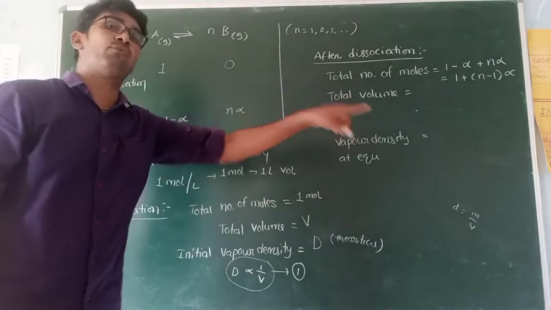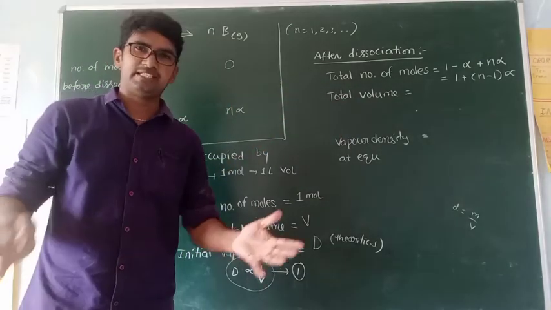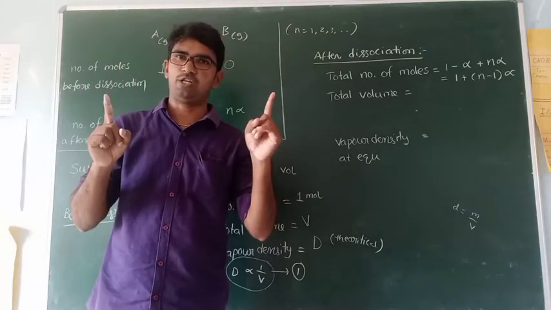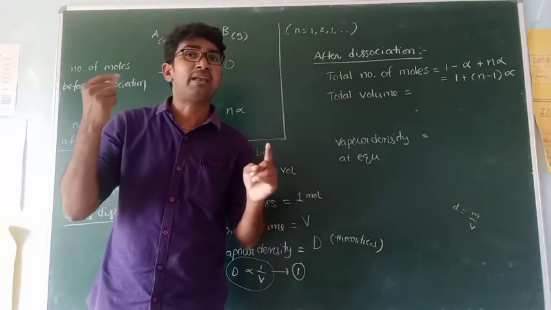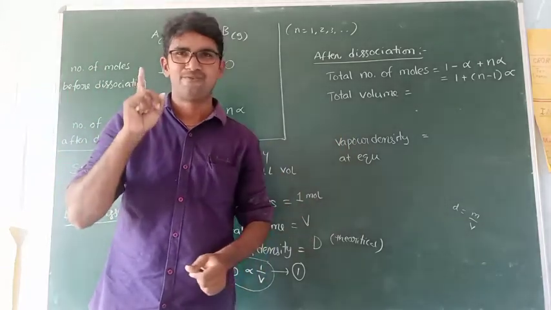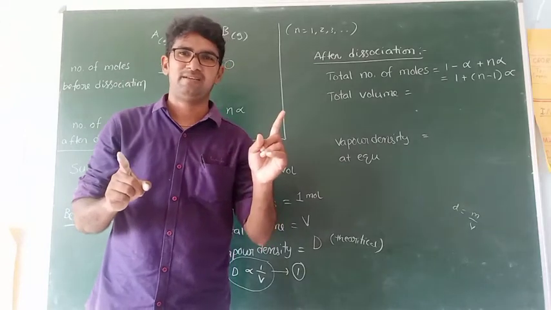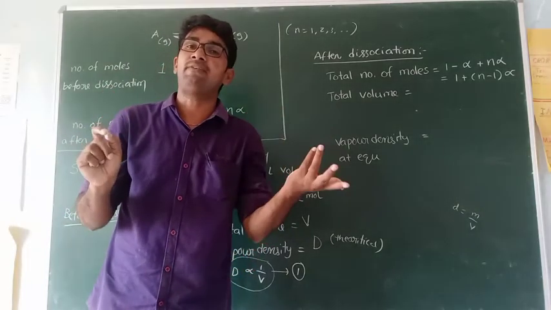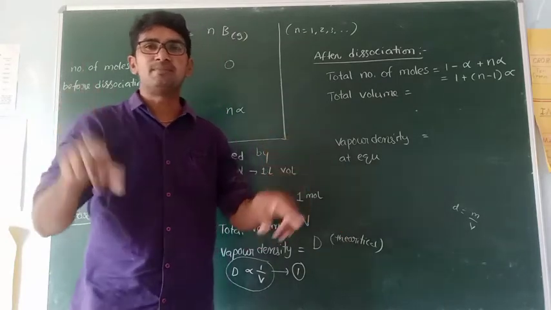Now, what is the total volume? Very simple. 1 mole contains 1 V. So 10 moles contains how much? 10 V. Very simple. 1 mole contains V liters of volume, so 10 moles contains 10 V liters of volume.